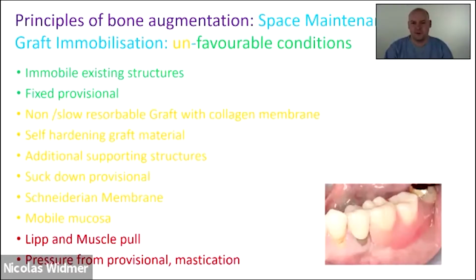Then, of course, the mobile mucosa. And then really a problem can be lip and muscle pull. And some of the worst is the pressure from the provisional or mastication, like in this picture.